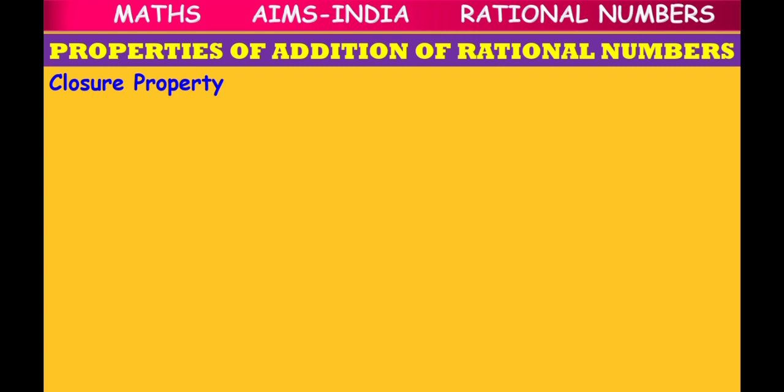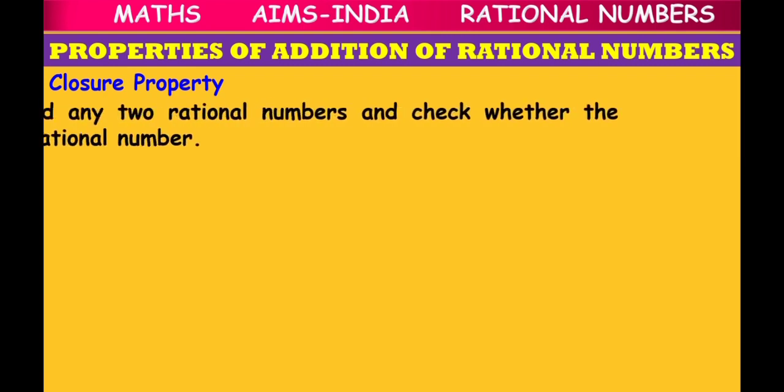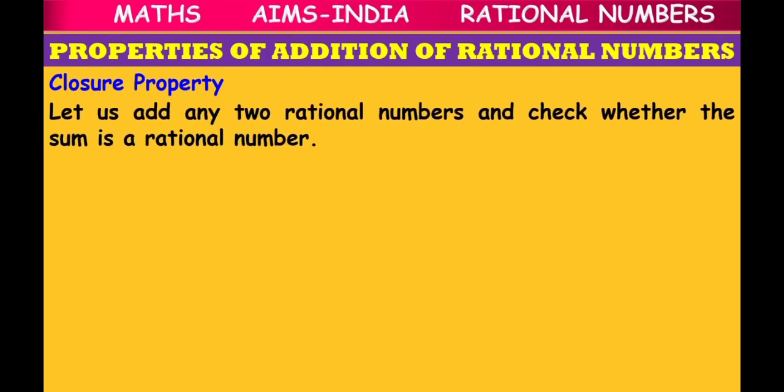Closure property. In this property, we can add any two rational numbers and check whether the sum is a rational number or not. If it is so, then we can tell that it follows the closure property.